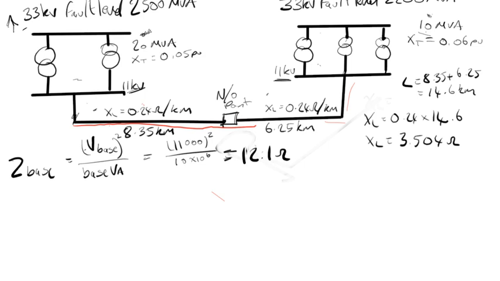So then your total value will be 0.28696 pu. So that's how you get your per unit value for your cable.